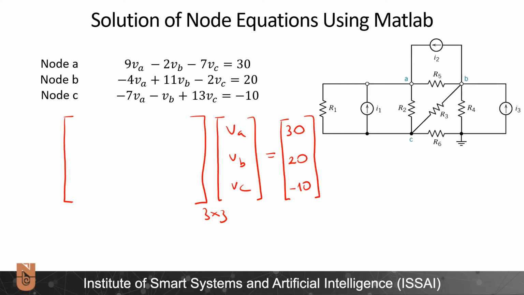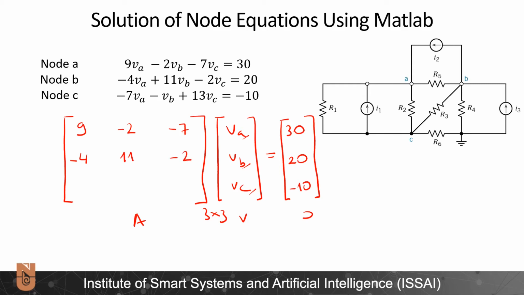Let us populate this matrix A. And this is the vector V, and this is the vector B. So for the first line, I will have the first equation, 9 times VA minus 2 times VB and minus 7 times VC. Similarly, for the second line, I will have the equation for node B, minus 4, 11, and minus 2.